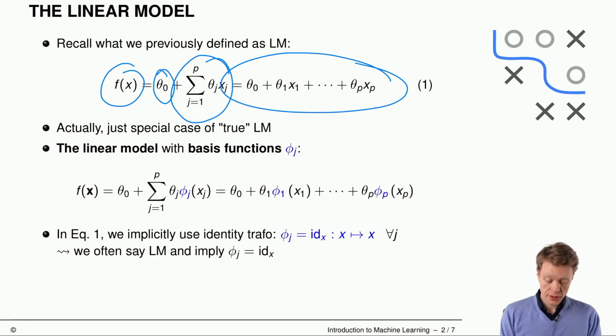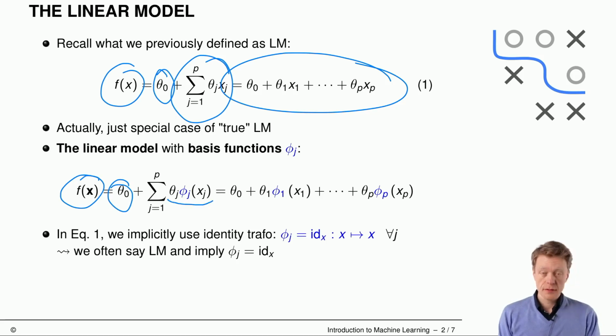So the true linear model is this here. The function of x is still an intercept plus a sum of weighted basis functions phi j. So we call the functions phi basis functions, and we can still compute weighted sums of those basis functions.